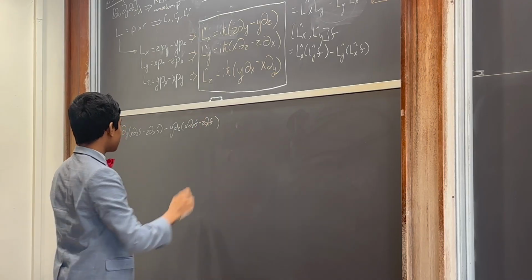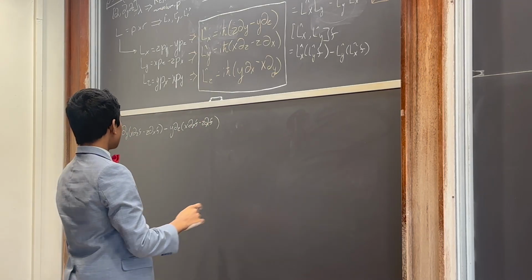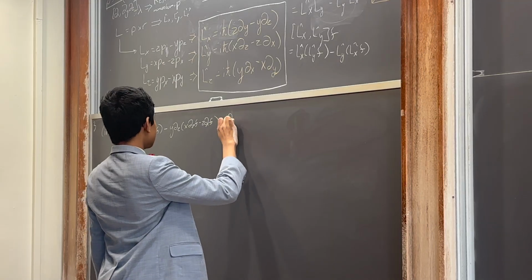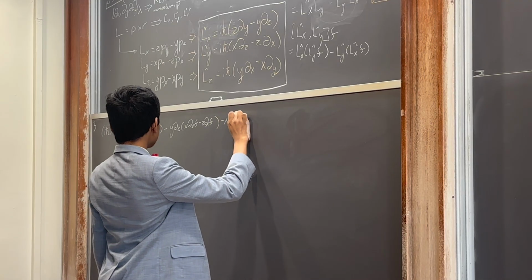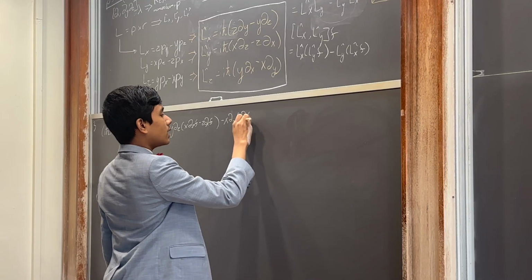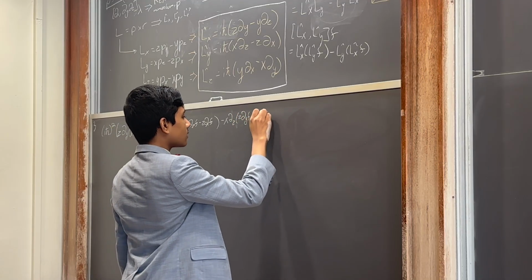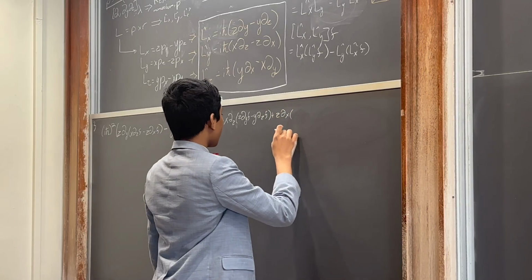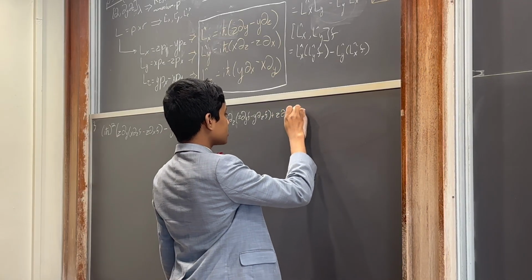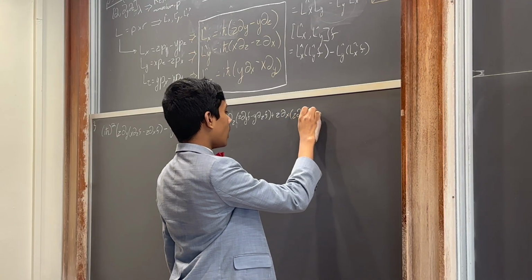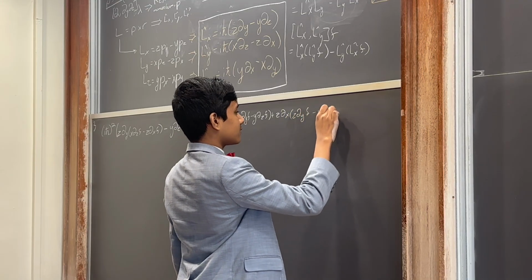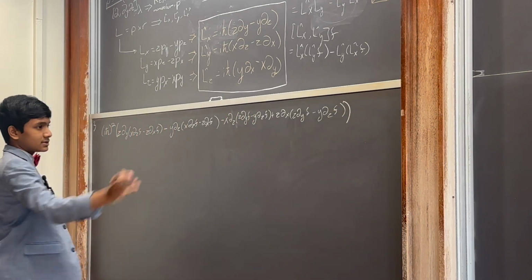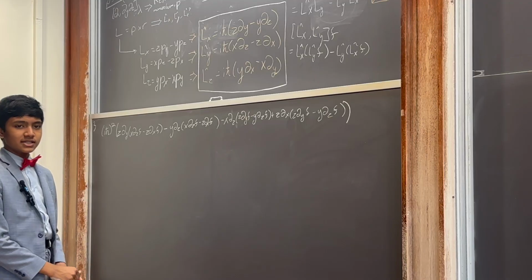Then we have minus x partial z of (z partial y f minus y partial z f) plus z partial x of (z partial y f minus y partial z f). So here it is, beautiful monstrosity.